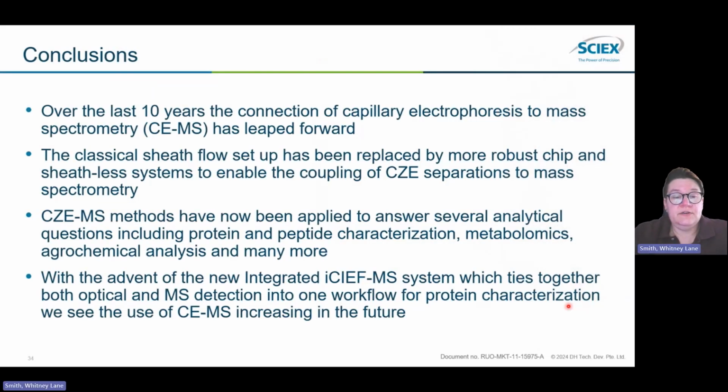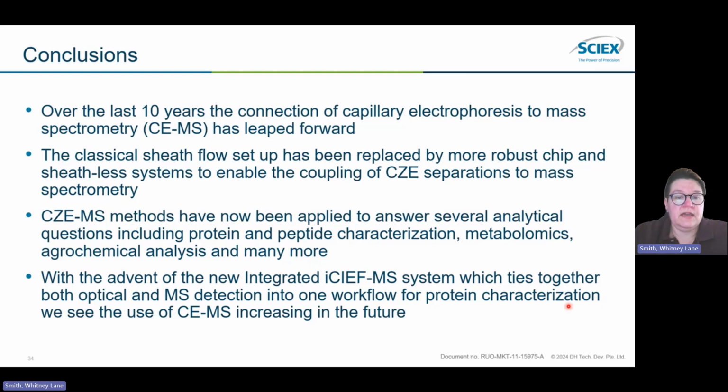So over the last 10 years, connection of CE to mass spec has made a big leap into the future for minimizing the size and maximizing the types of separations that can be accomplished.